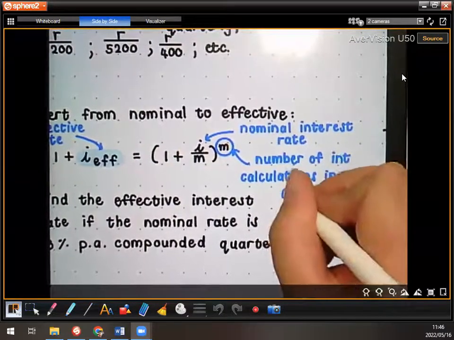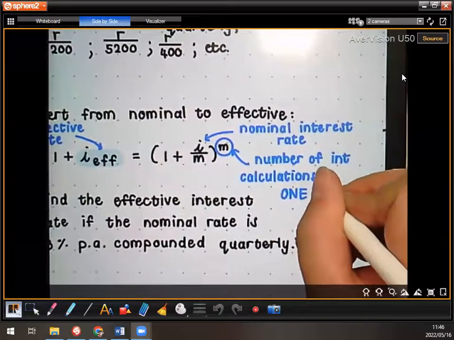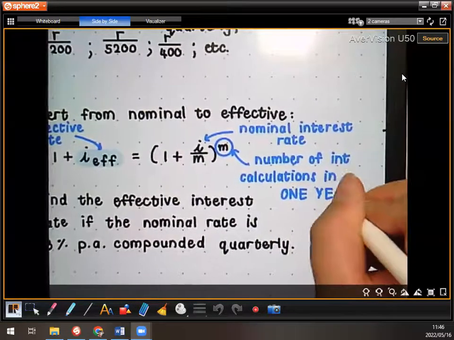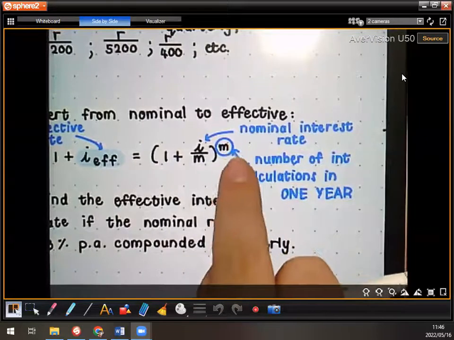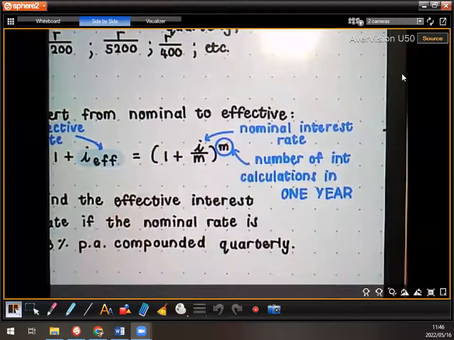That m is always in 1 year, right? Even if it's saying in the question, this person is investing money for 12 years, doesn't matter. This m that you use in this formula is the number of calculations in 1 year. So the number of months, or the number of quarters, the number of weeks. We'll see now in the example.